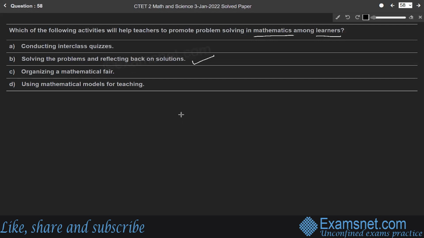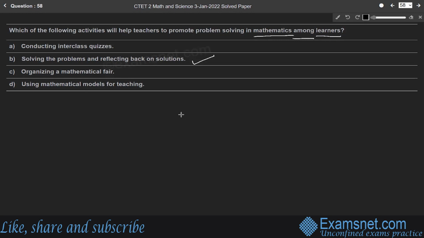Activities that promote problem solving in mathematics among learners are mainly creating tasks according to the cognitive abilities of the student. Teachers should maintain a balance in the process of giving tasks so that the students face a problem challenging enough to create interest and curiosity.